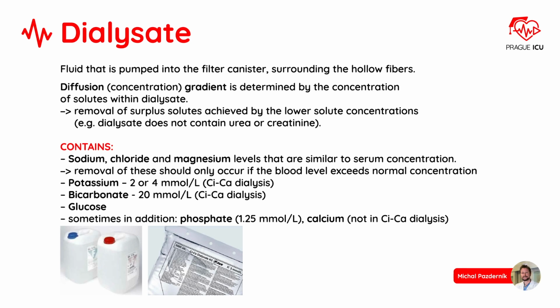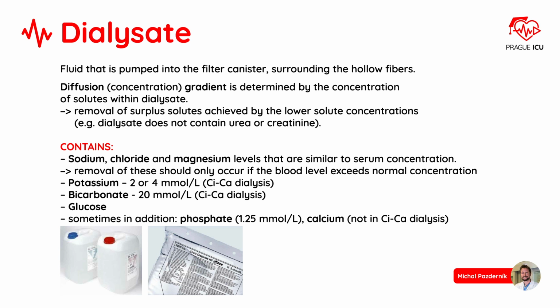Dialysate is a fluid that is pumped into the filter canister surrounding the hollow fibers. Diffusion gradient is determined by the concentration of solutes within dialysate. Dialysate contains sodium, chloride, and magnesium levels that are similar to serum concentration. Their removal is observed only if the blood level exceeds normal concentration.